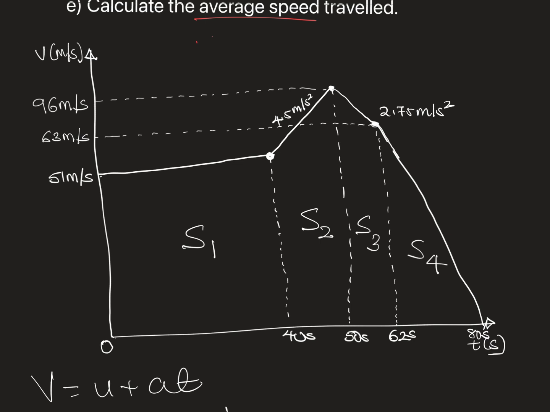So let me just assume that is this point here. If I stretch a line coming way up to this point, you will realize that it was at the deceleration phase.